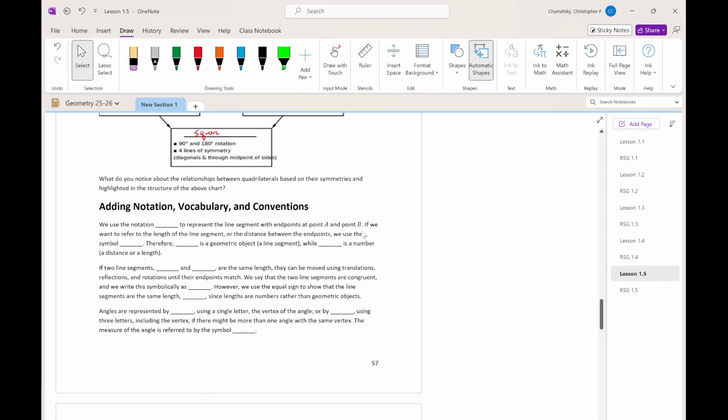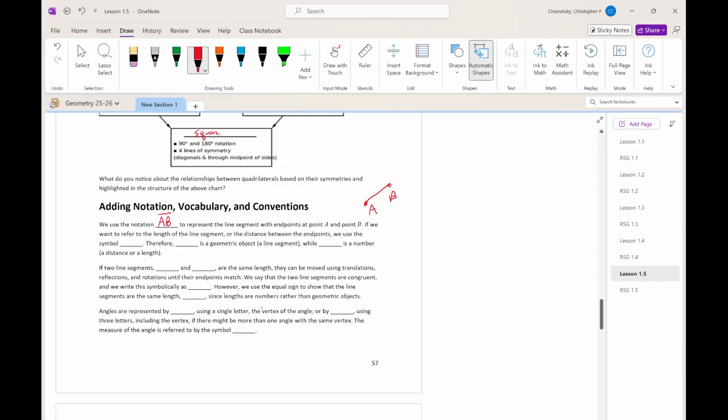Notation. So if we are representing an actual line segment, so something like that, okay, we would represent that notation as the 2 endpoints and a little bar above it.